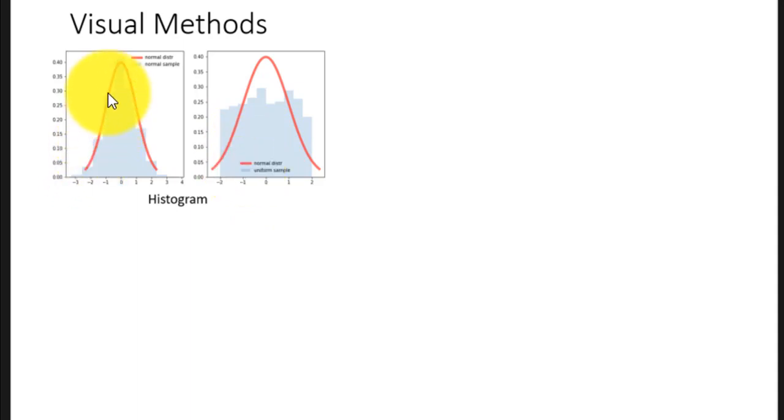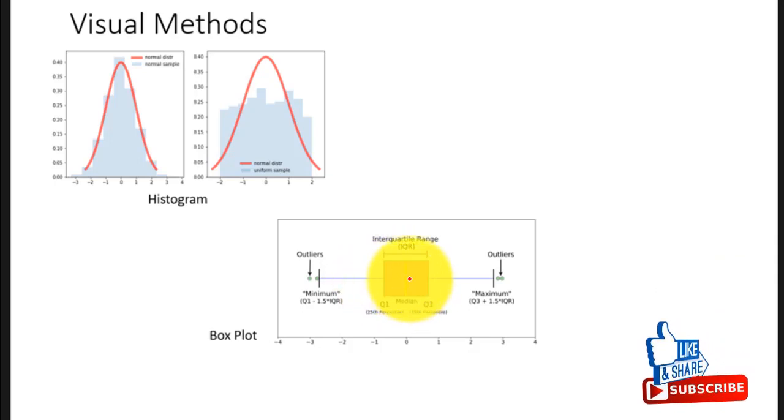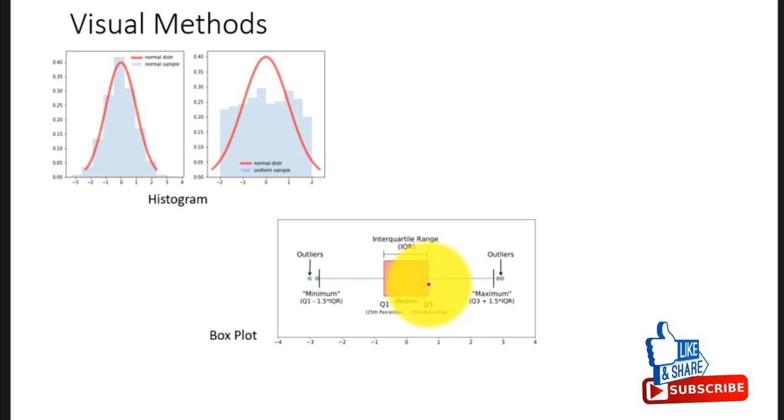If the sample observations fit the normal distribution curve, then we can assume that the sample data comes from a normally distributed population. If it does not, then it is a violation of the normality assumption. Boxplot, also known as box and whisker plot, is a 5-number summary visual method of checking the normality assumption.